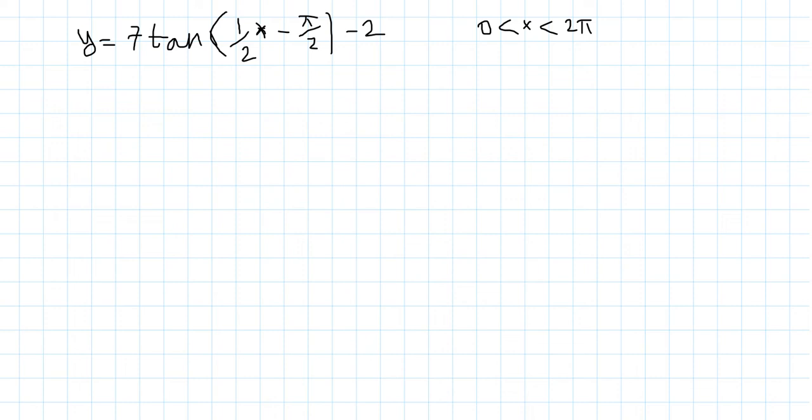At first I should find what is my period. So the period is pi over b, b is 1 over 2, the factor of x. So it is 2 pi. It means between the asymptotes I should have 2 pi. Now what is my asymptote?